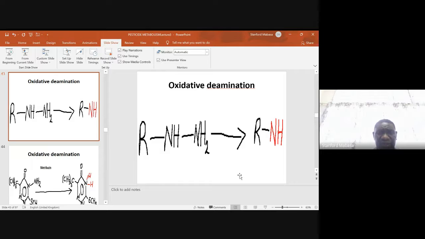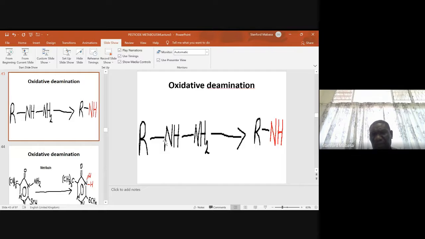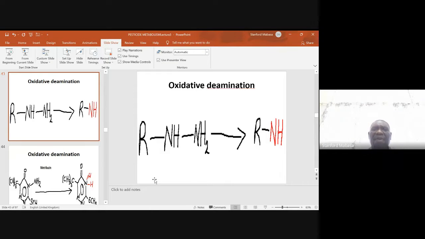The other process is known as oxidative deamination. Now, if we are going to have this process, we should have two nitrogen atoms which are joined together, and that should occur somewhere in a molecule which is likely to undergo oxidative deamination.